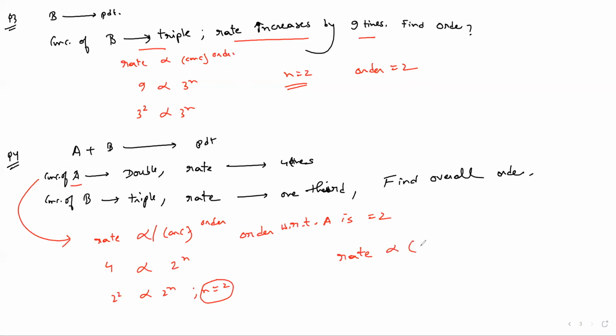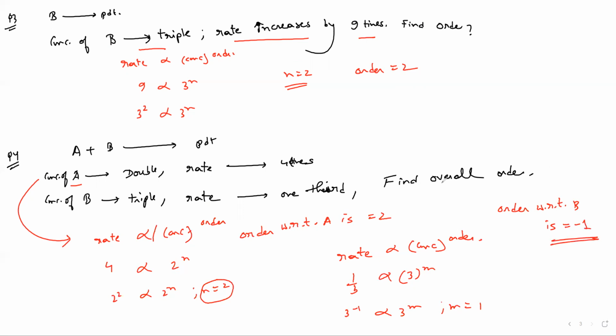Rate, again same theory. Okay. Rate becomes half, concentration is tripled, so 3 to the power -1 equals 3 to the power m. m is the order with respect to B. So m is -1. So order with respect to B is -1.